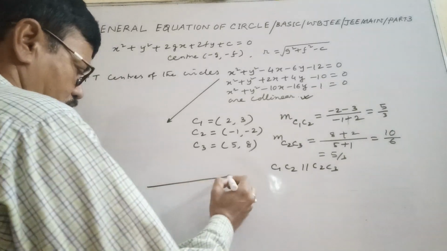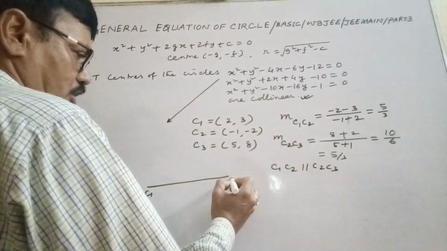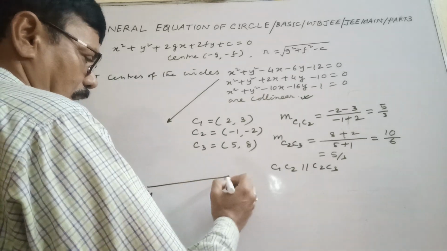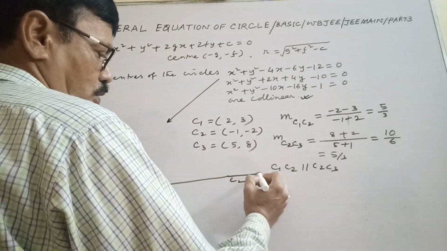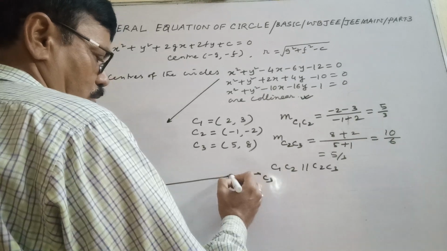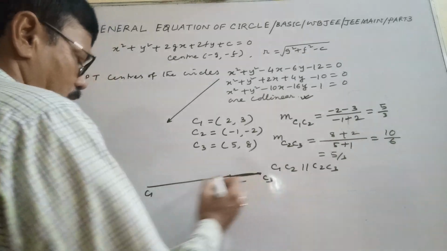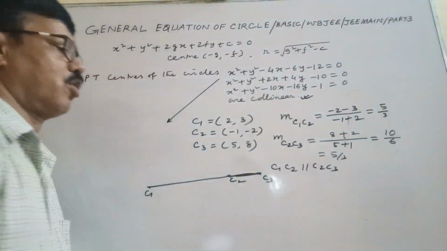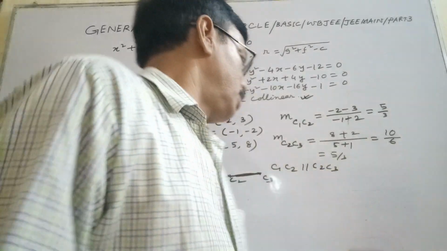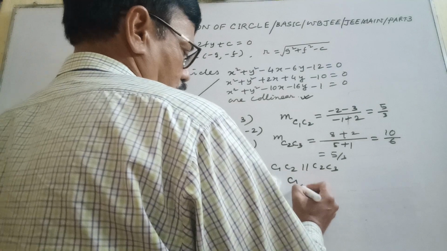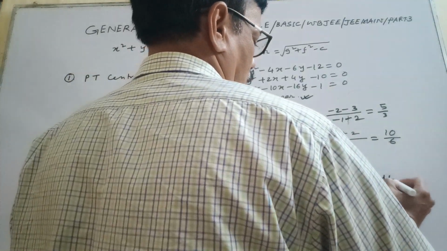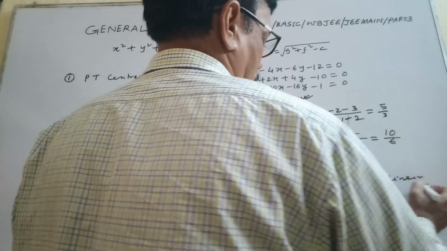Now C1C2 and C2C3 are parallel, and one point is common. So the figure must be of this type because point C2 is common. So C1, C2, C3 are collinear.